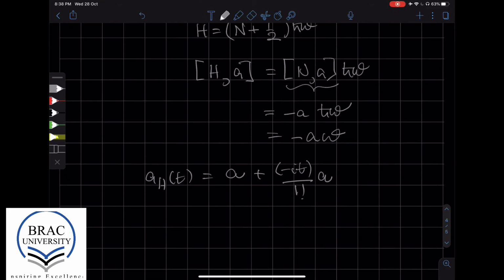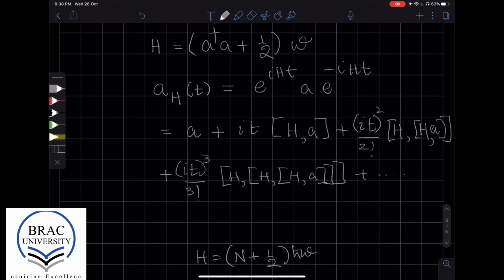And then the third term would be, from this commutator I get a minus a, and from this commutator again we'll get another minus a.